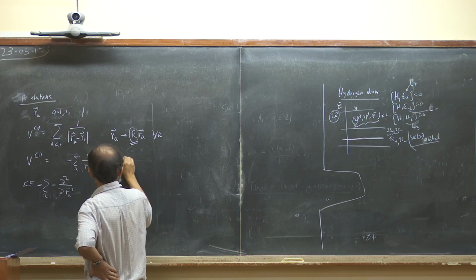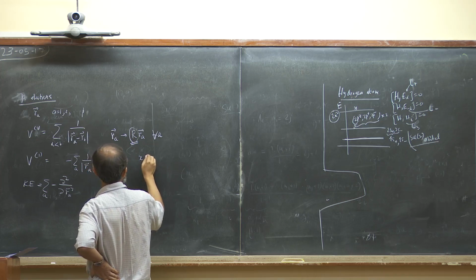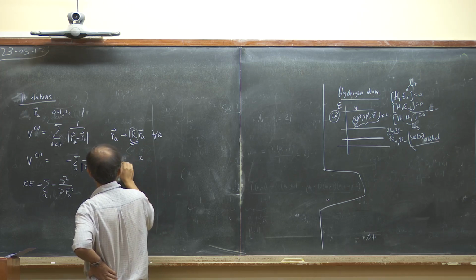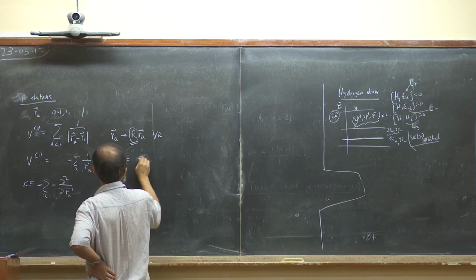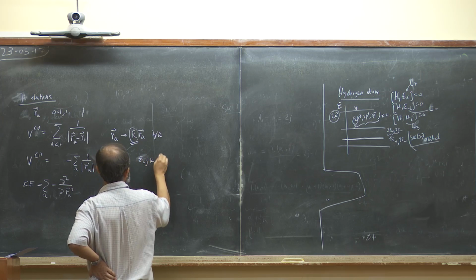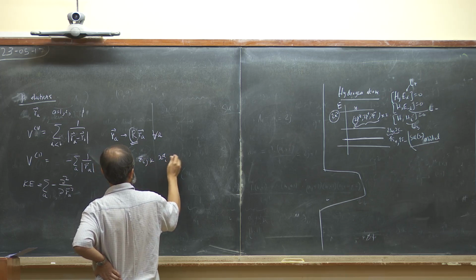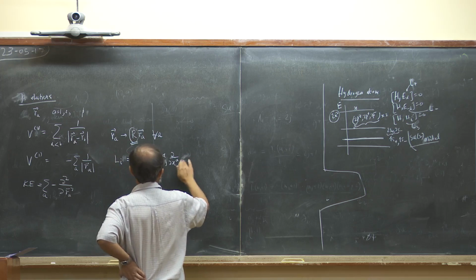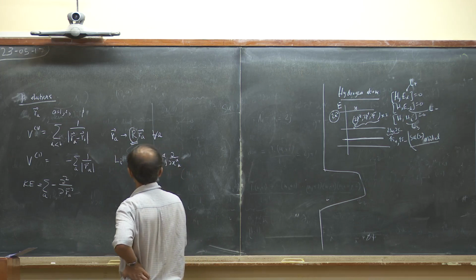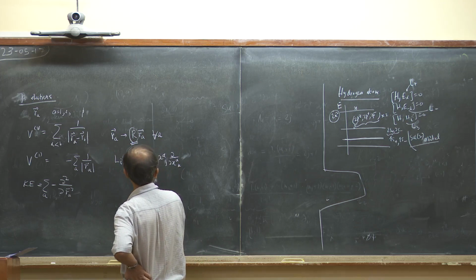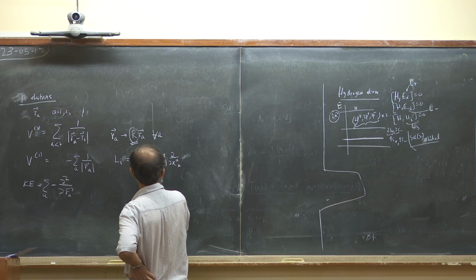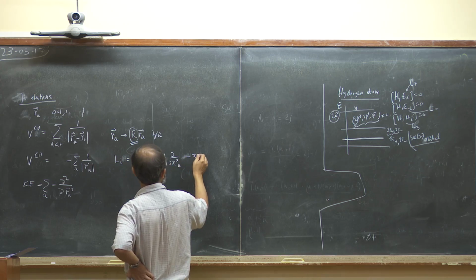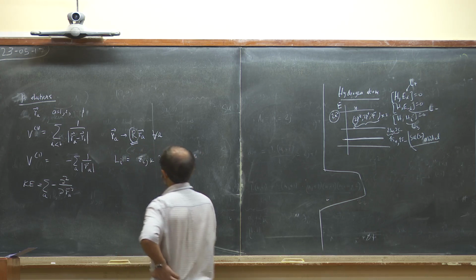L_i is equal to epsilon_ijk x_a^j del_{x_a^k}, modulo factors of a half or something, which I'm not being careful about.